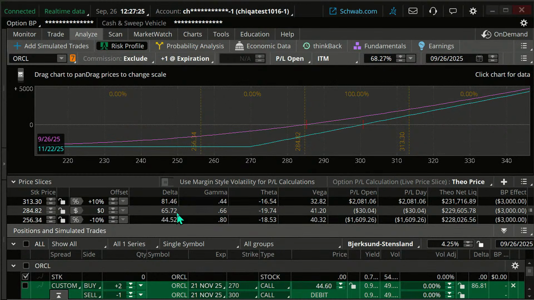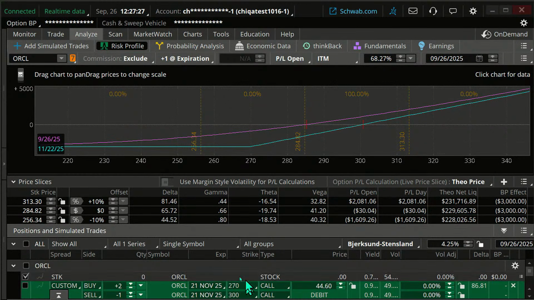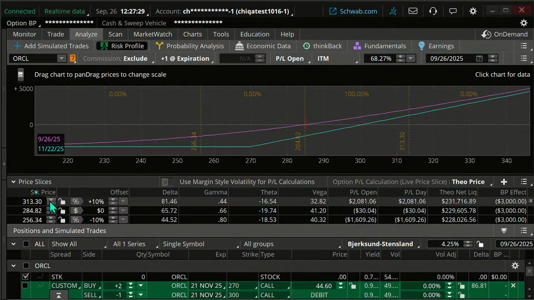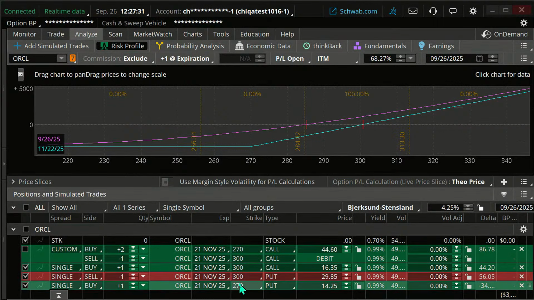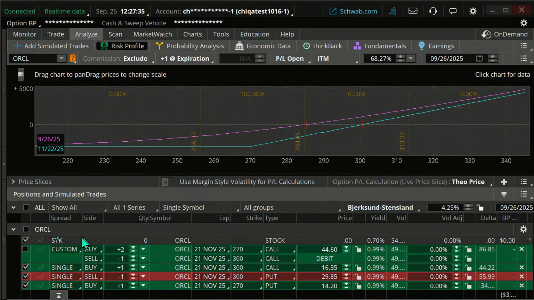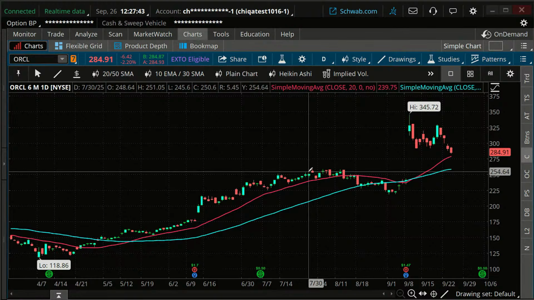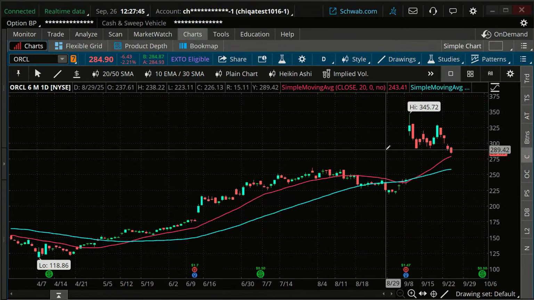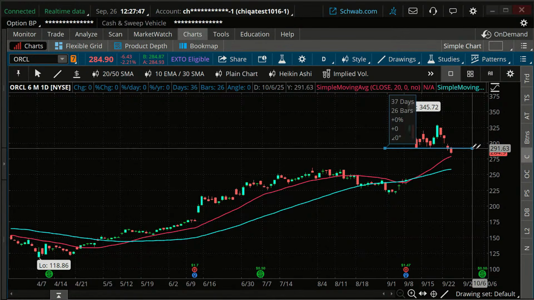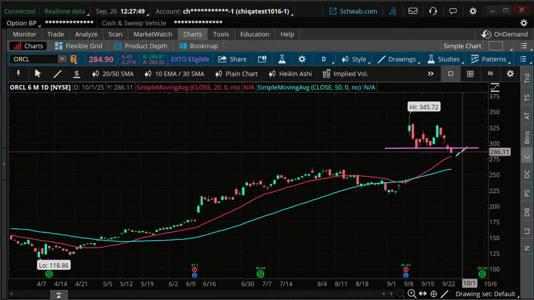Now, we could change strikes and adjust things. I did the 300 and 270 strike on both, just to try and keep apples to apples here. So when I say it's more bullish, well, that's great if Oracle goes up. Okay, here's Oracle right now. Our plan was for this support to hold.